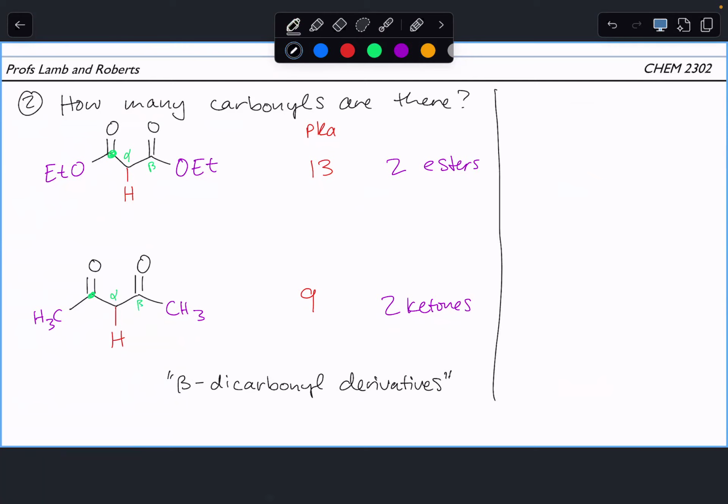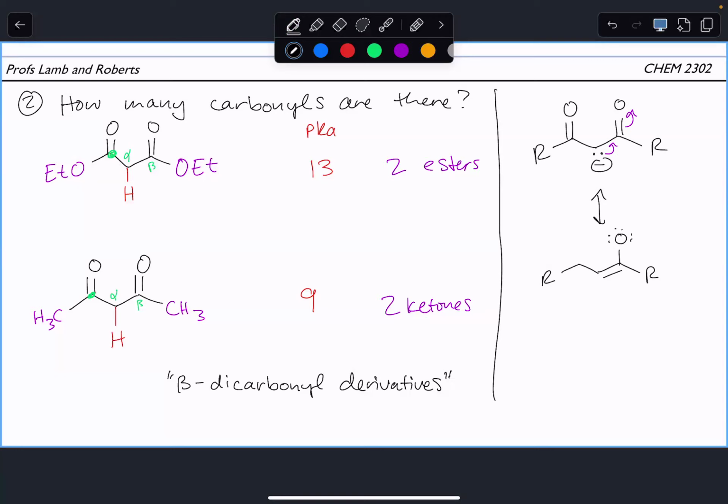So again, let's explicitly state why that is. Regardless of what groups you have here in the R position, once we deprotonate that alpha proton, we can draw this resonance structure with the lone pair in between the 2. So we can then draw, pushing this lone pair, say, to the right, like so.